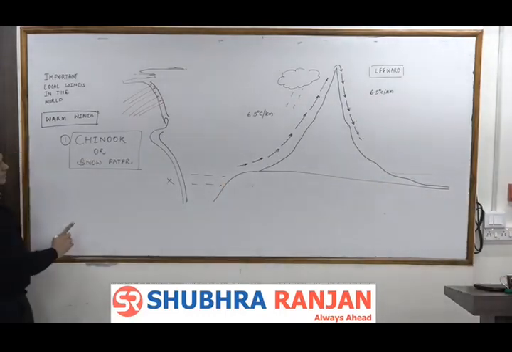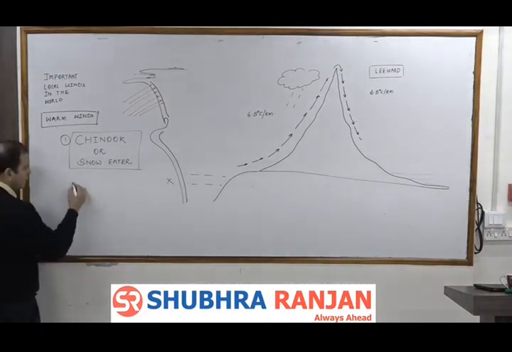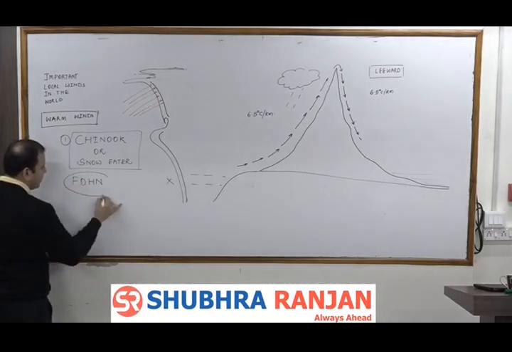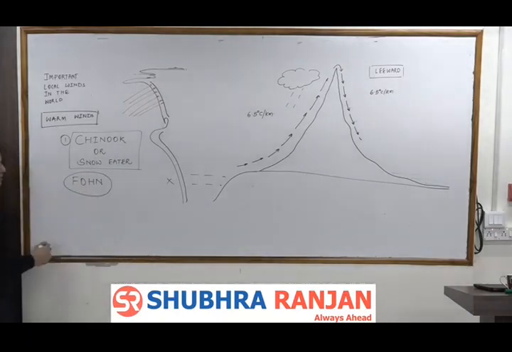Chinook जैसा ही similar wind जो यूरोप में भी है, it is known as फोहेन और फॉन, जो Alps पे है. This is on the Rockies, it is in the Alps, it is known as fawn. What is the importance of fawn? Because of fawn, Switzerland is important tourist destination. The rest of the Europe is closed during the winter season.